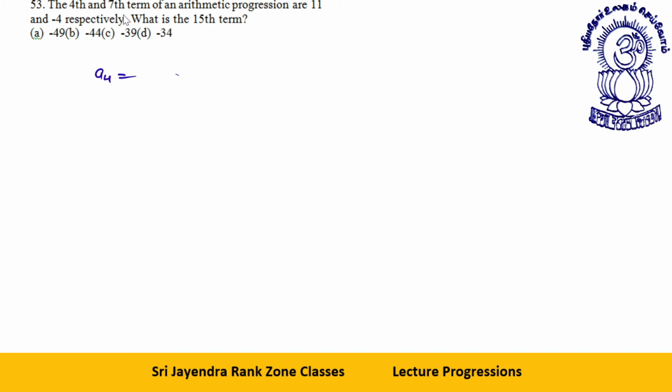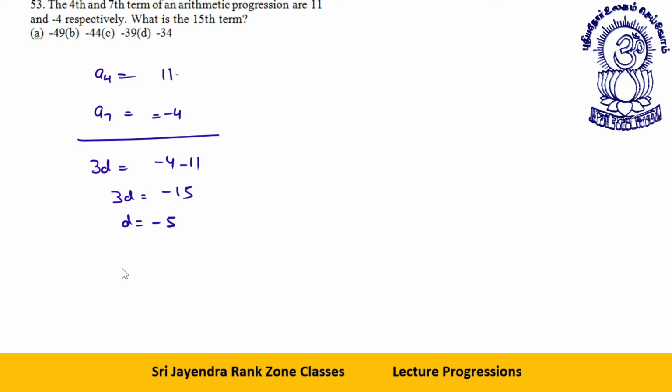A4, the fourth term of an arithmetic progression, is 11. A7 is minus 4. What is the 15th term? See, dear students, how will we proceed about this? 3D will be minus 4 minus 11, that is minus 15.